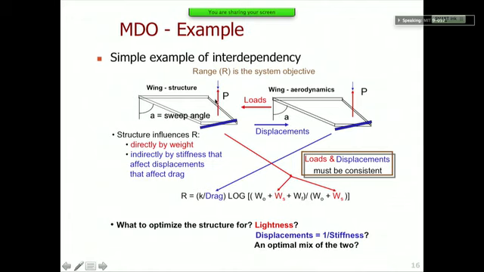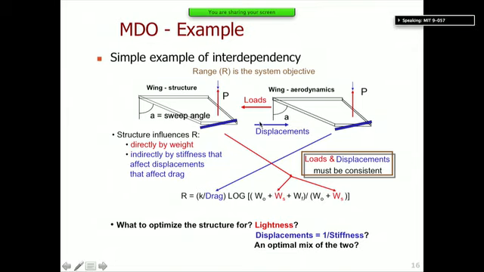There are loads acting on the wing as you're flying because of the pressure differential between the upper and lower surface. So there's some net force, P, acting on this wing. As a result of that, the wing will warp. So you will have some twist angle in the wing, and that's just due to the structural deformation.